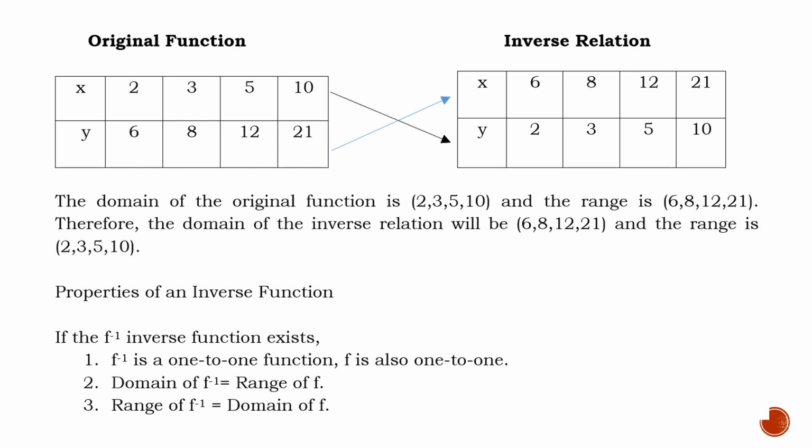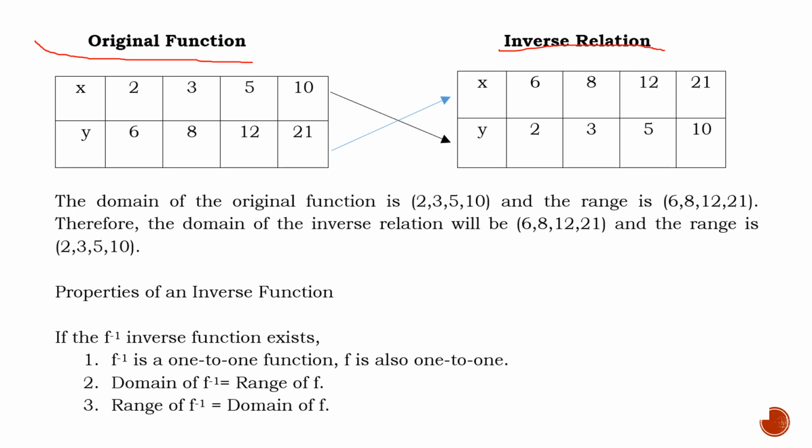So for these two tables, your first table here represents your original function. Your second table represents your inverse function or inverse relation. Here there are x and y values in this table that represent your original function.